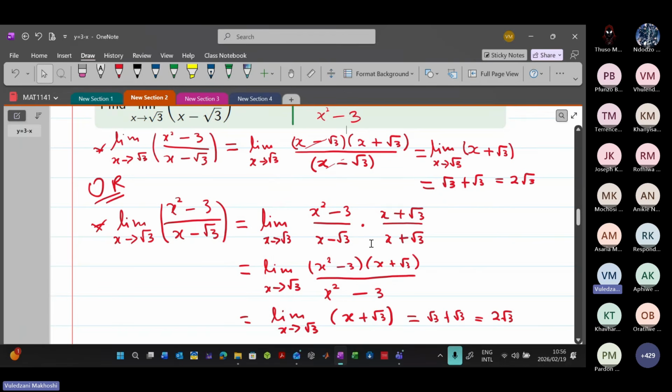So basically, you see, we want to get rid of the radical sign, the square root. We look at the denominator, which has a square root, right? And then what we do is we call this a conjugate.